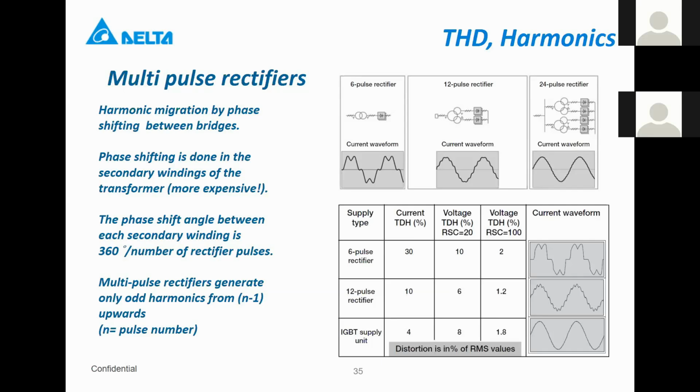Standard with the 6-pulse rectifier, in our drives, we have about 43% more or less. With the 12-pulse system, you can go down to, in our case, 12%. If you have a higher impedance, you can go down to 10% in that case.